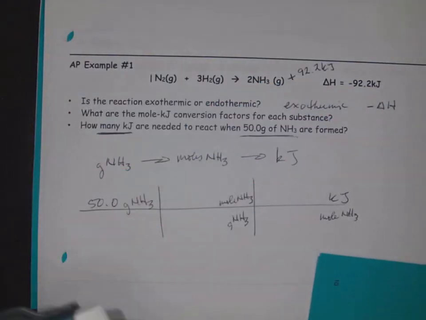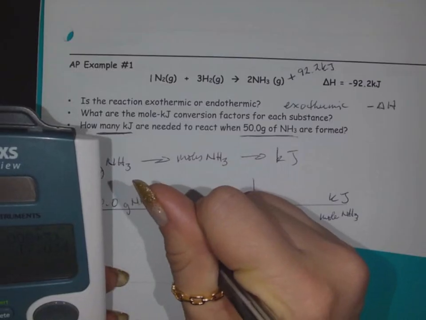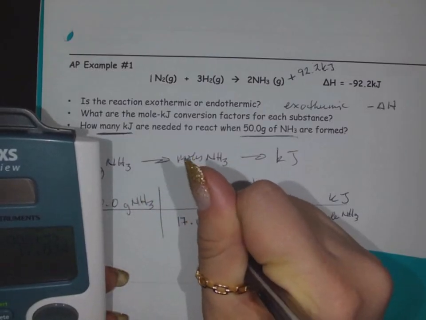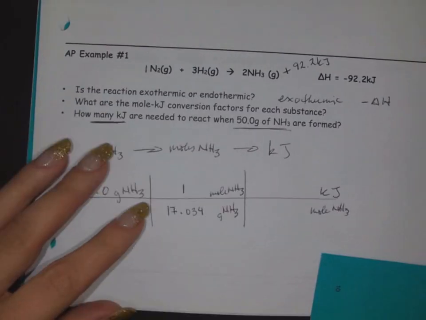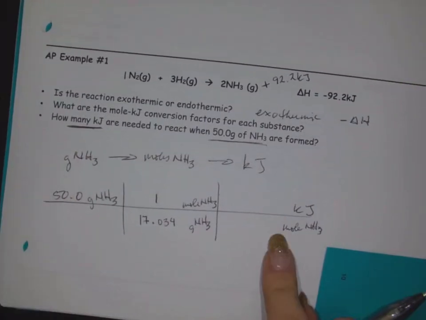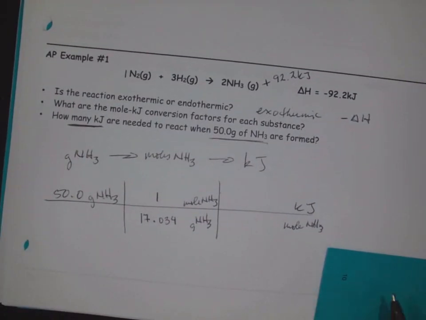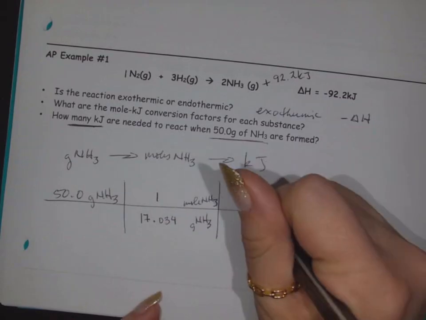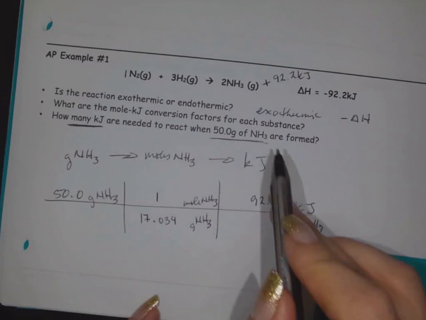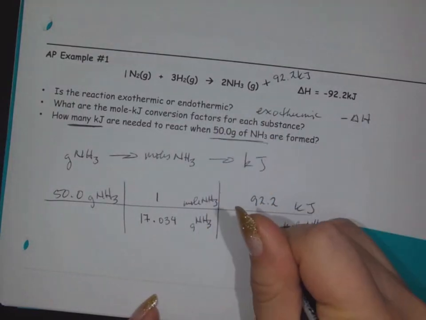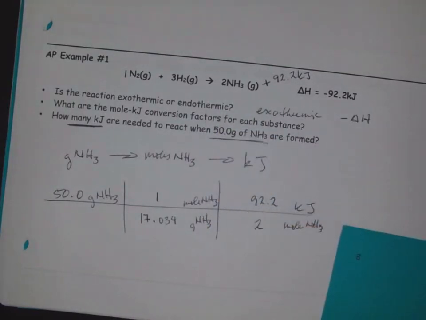So my molar mass is 17.034 grams per mole. Okay, now I have kilojoules per mole, and this actually is my balanced equation. I know that there's going to be 92.2 kilojoules that are released for every 2 moles of NH3 produced.